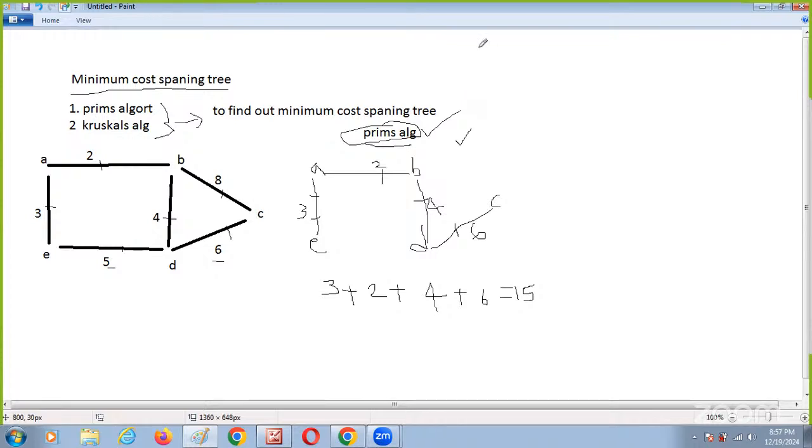Next we will go for the next one, this is Prim's algorithm.